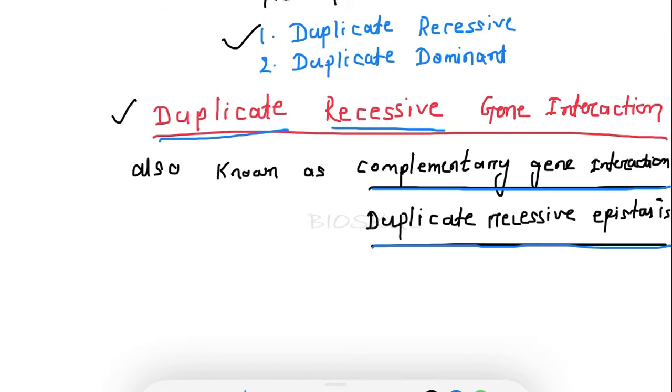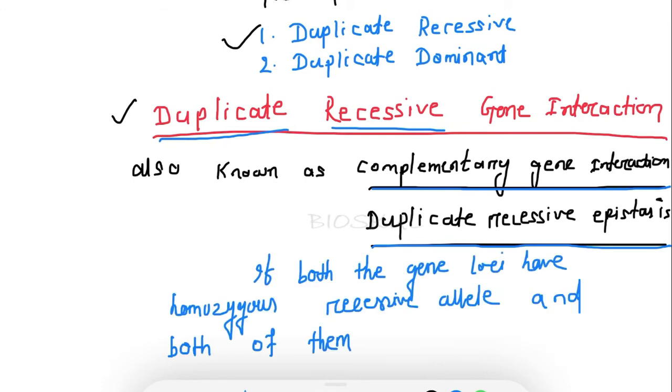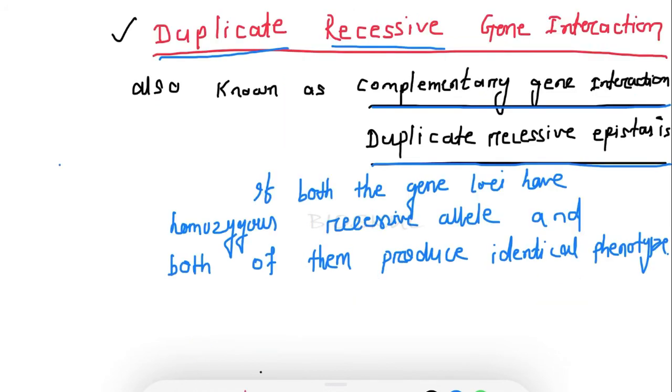Let me write down the definition. If both the gene loci have homozygous recessive alleles, and both of them produce an identical phenotype. A recessive allele is always present in homozygous form.